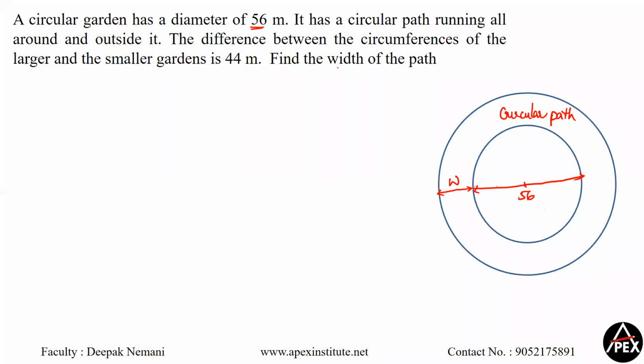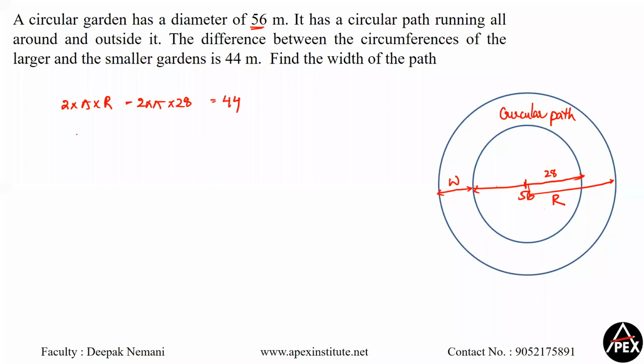Okay, now the difference between the circumferences of the larger and smaller gardens is 44. If I consider this diameter is 56, what is the radius? Radius will be 28. Now let me consider the outer radius as capital R. So 2 into pi into capital R minus 2 into pi into 28 is given as 44.